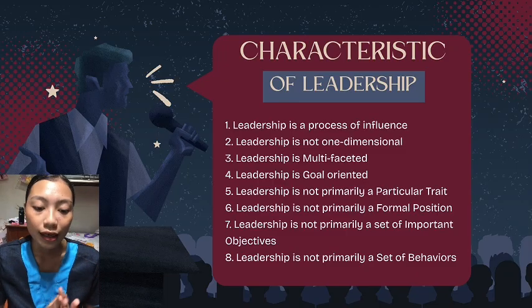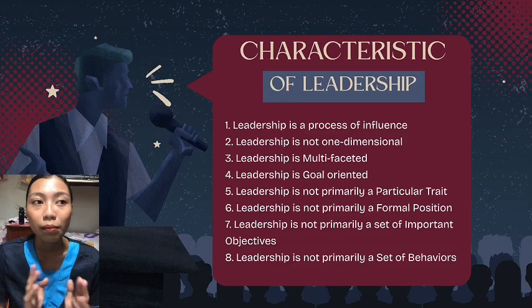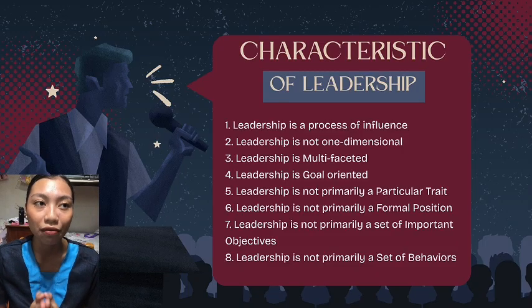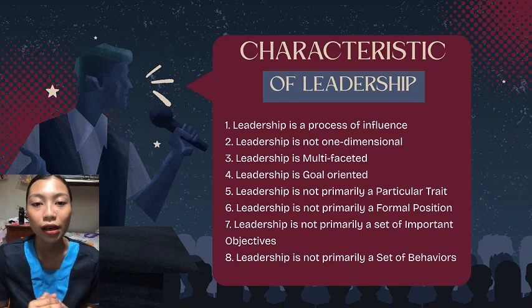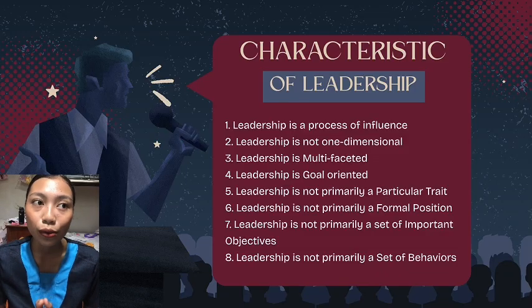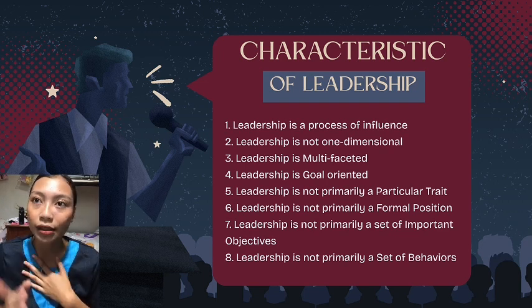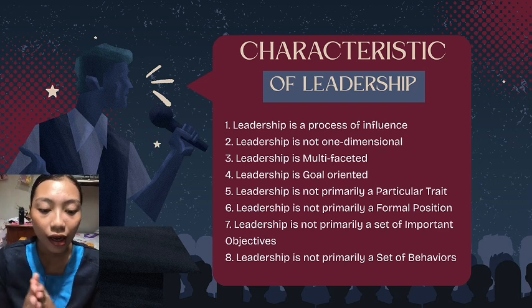Fourth is leadership is goal oriented, and leaders should focus on achieving specific outcomes. Being a leader, you have to have a checklist to ensure that the actions you are giving to your subordinates are leading towards the goal you have to achieve.